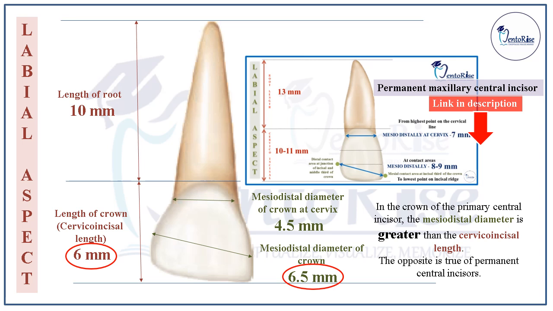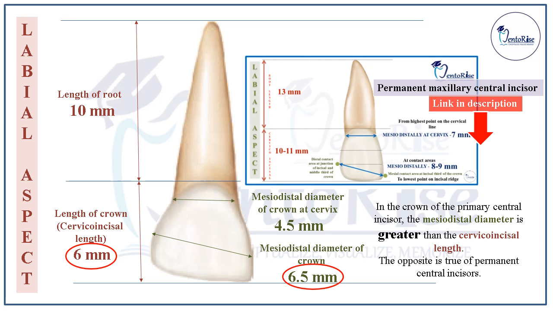You can observe in the figure and in the dimensions also. If we look at a permanent maxillary central incisor crown, then the mesodistal diameter is less as compared to the length of the crown. That means the permanent maxillary central incisor crown is more long and less wide.